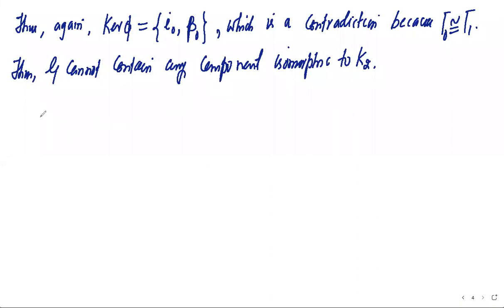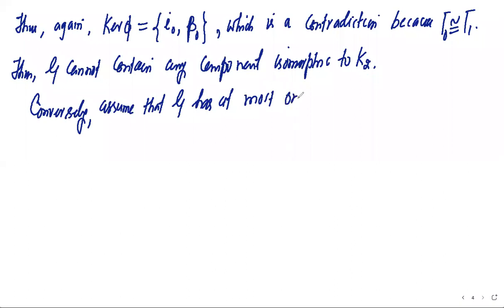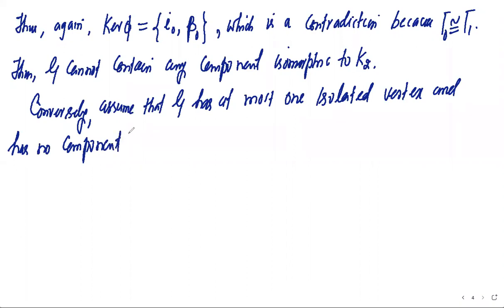Now conversely, we assume that G has at most one isolated vertex and has no component isomorphic to K2.